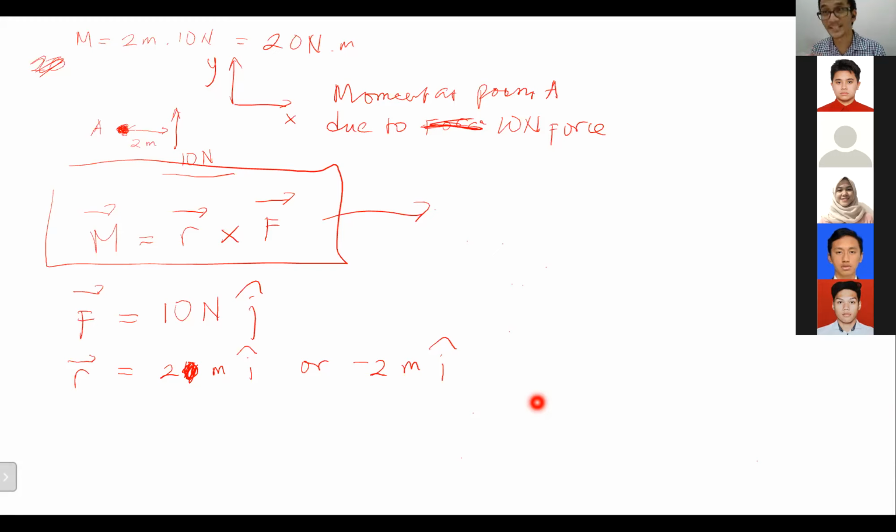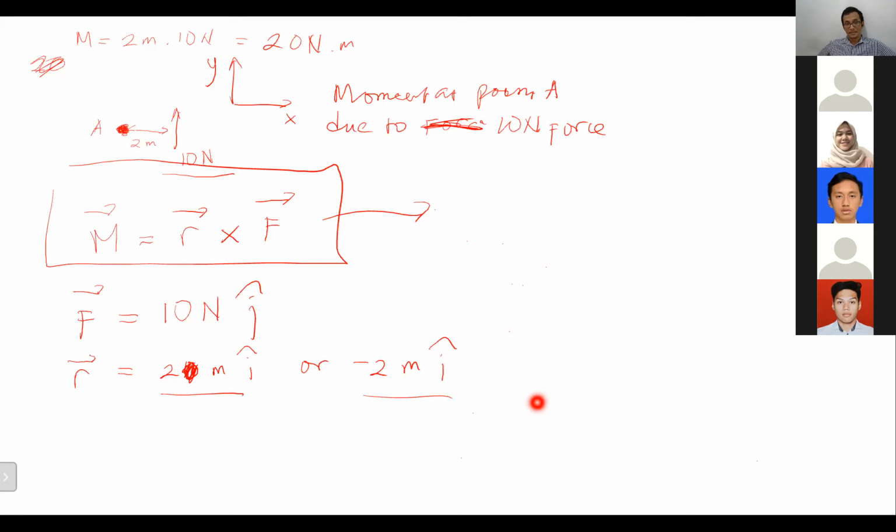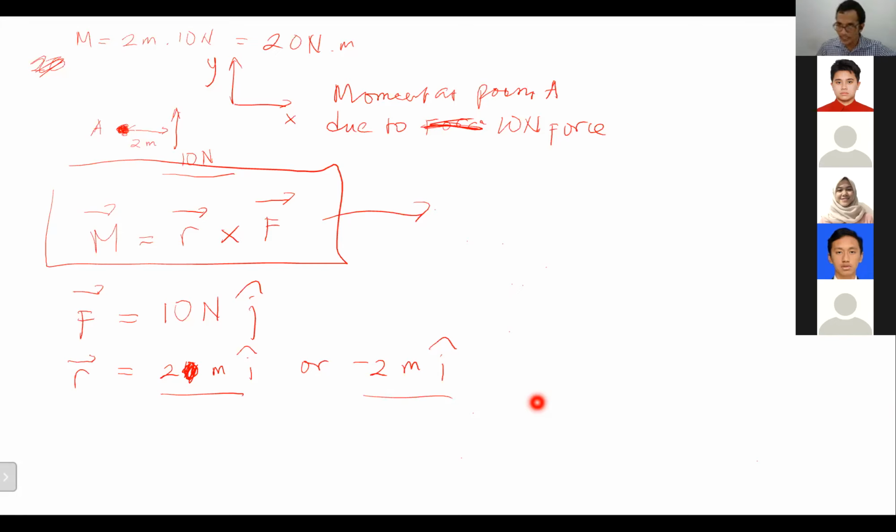So the distance vector is supposed to be from A to the force. In that case, it's supposed to be 2 meters i or minus 2 meters i. So it's positive, yes, sir.